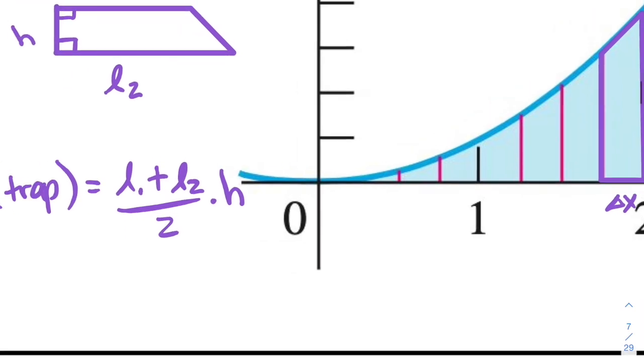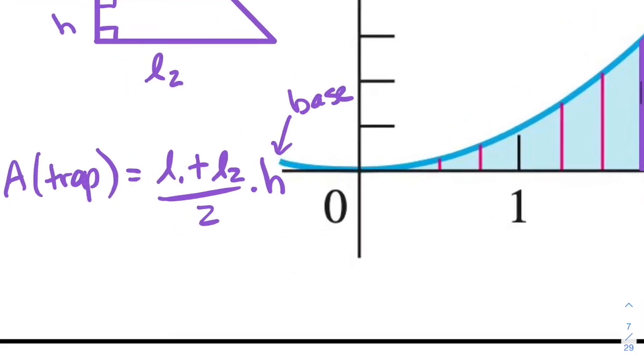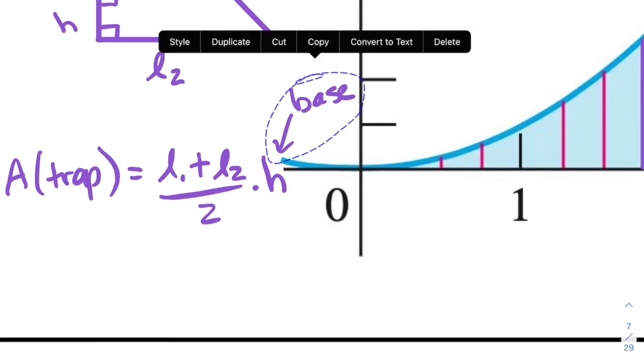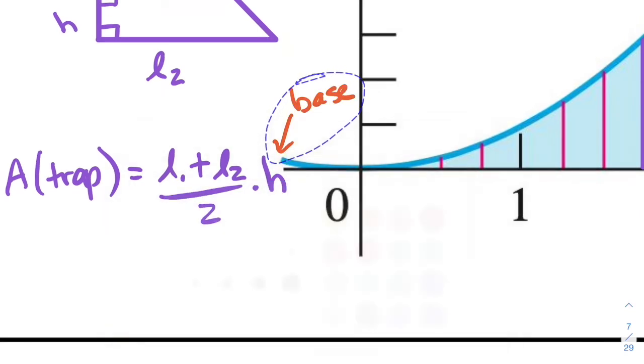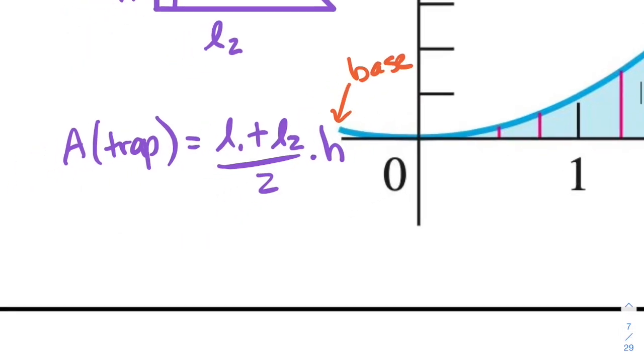So really it's your width. So your height now is your base, while your height, I'm trying to not make this confusing, but now that I'm saying it out loud, that's your base and this is your height for your trapezoid.